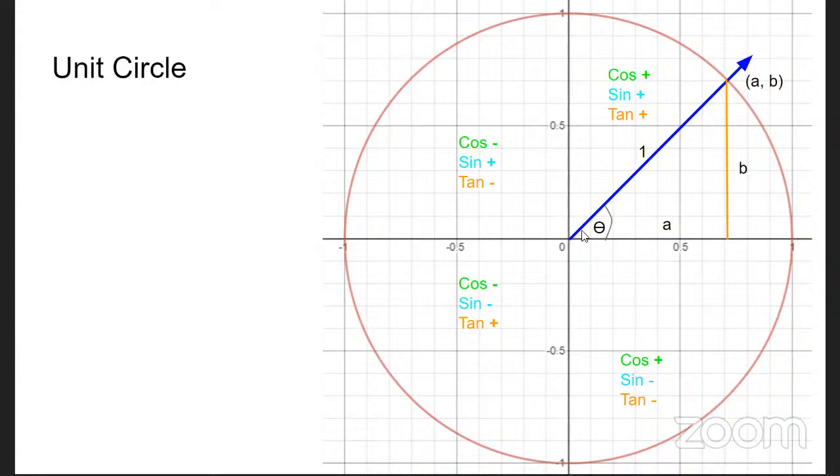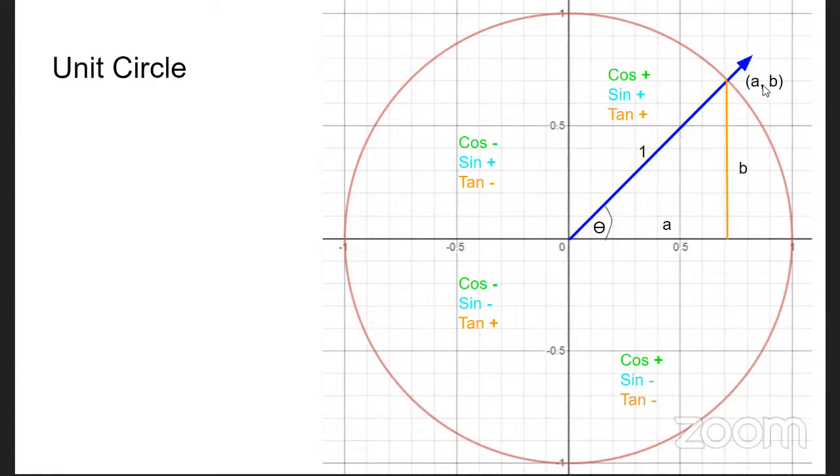So if you're in quadrant 1, because the x value is headed to the right, then x will be positive. And remember, the x value, or a value in this case, is our cosine value, so our cosine will be positive. Our vertical value, in this case b, or generally y, which is our sine value, will also be positive.